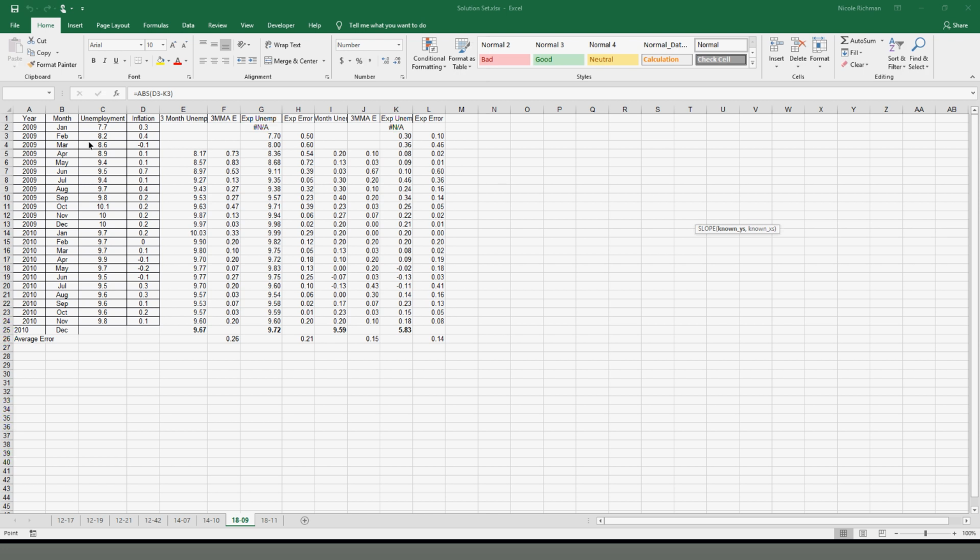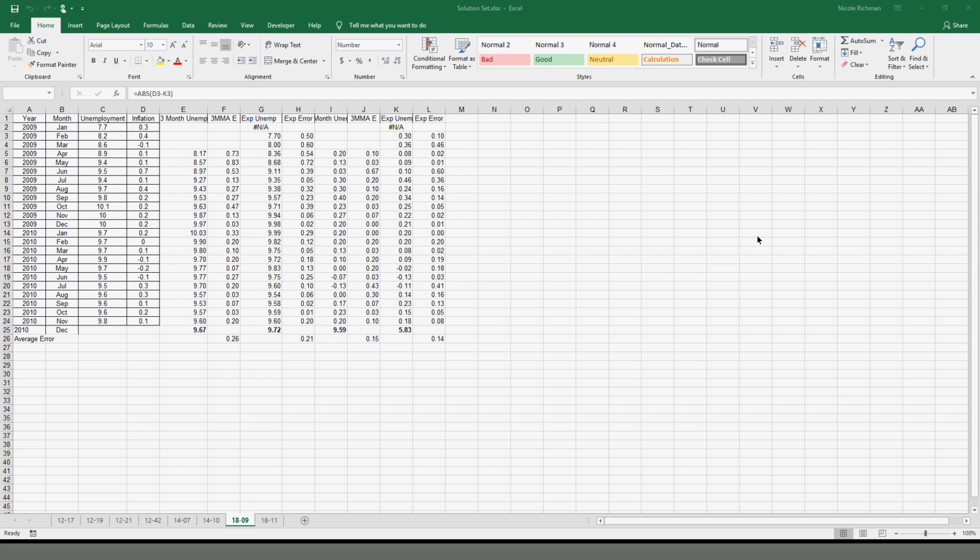We take our known y's, so does it explain y, and our known x's. And you'll see here, and this is a different output that I'm going to show you how to get in just a minute, but you'll see that my slope here equals the same slope that Excel provided me.